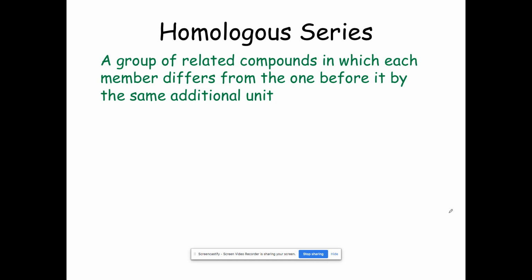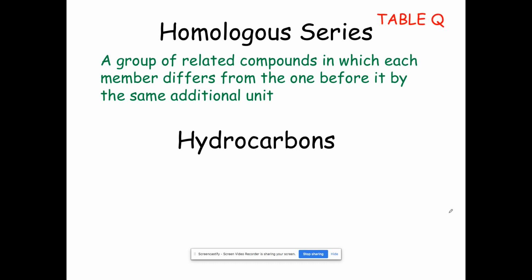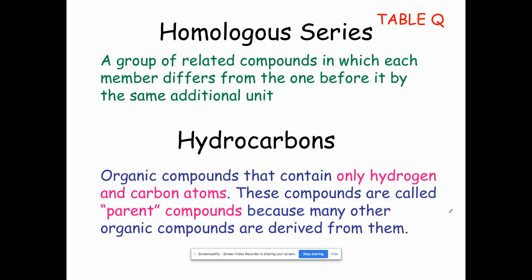I see hydrogens and I see carbons, and I don't see anything else. So that's why it's called a hydrocarbon. These are organic compounds that contain only hydrogen and carbon atoms. We sometimes call these the parent compounds because a lot of the other organic compounds we're going to study are derived or come from them. So these are kind of like the backbone, and we can attach other things later on.